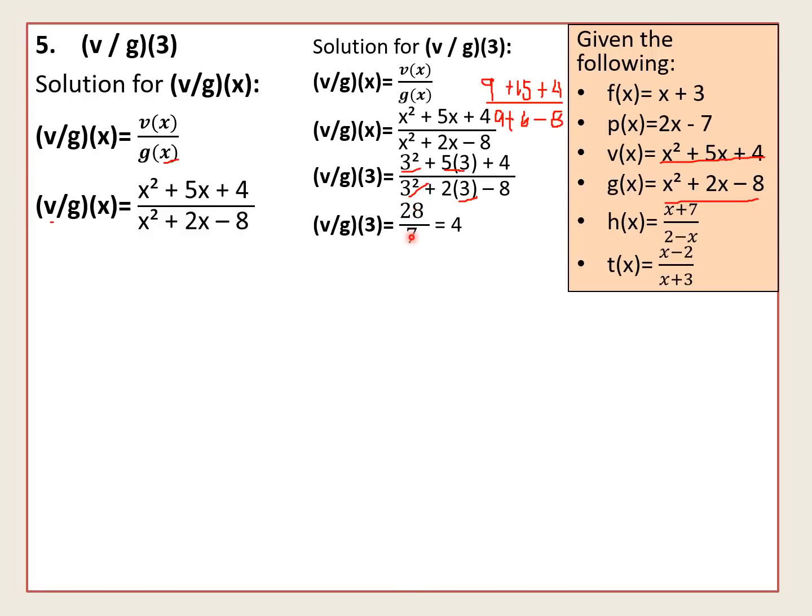And 28 over 7 is positive 4. Therefore, the value after evaluating the quotient of v and g when x is 3 is 4. So what is v over g of 3? You're going to give me positive 4. But what is v over g of x? You're going to give me this expression.